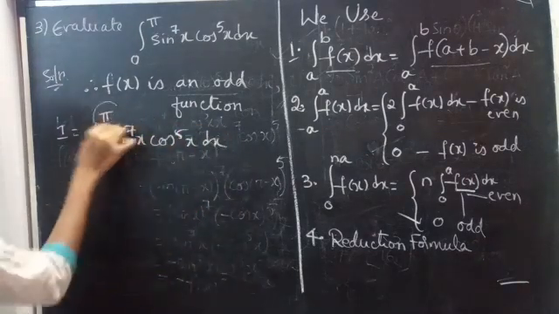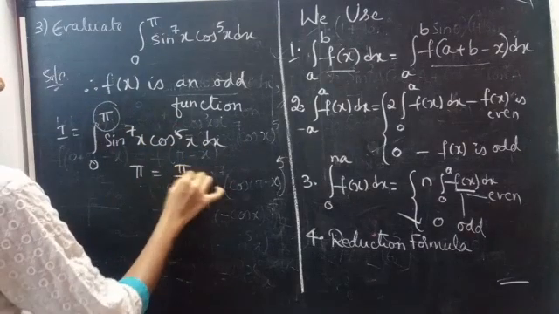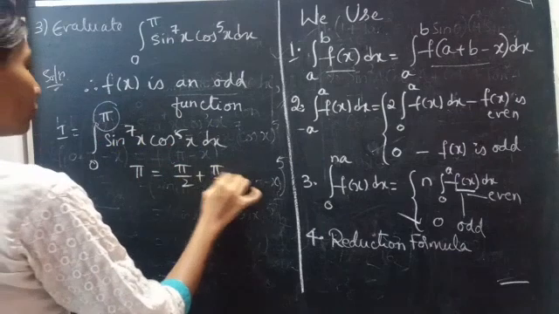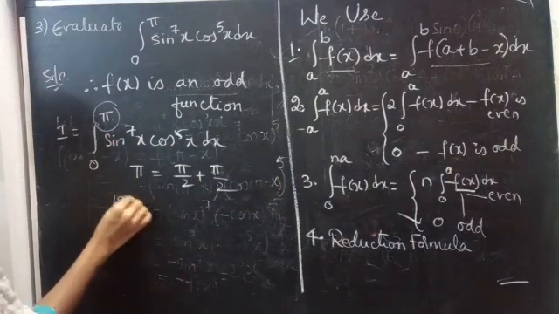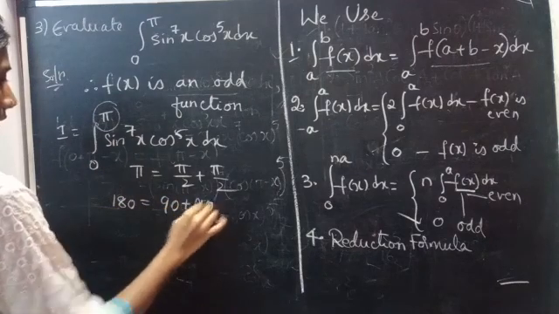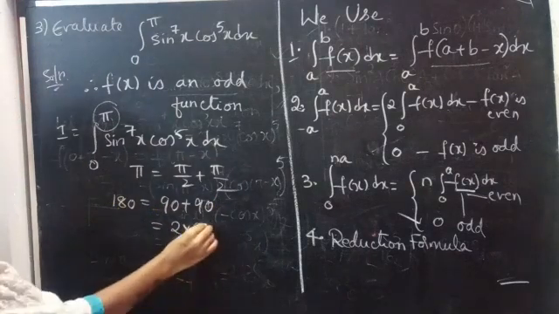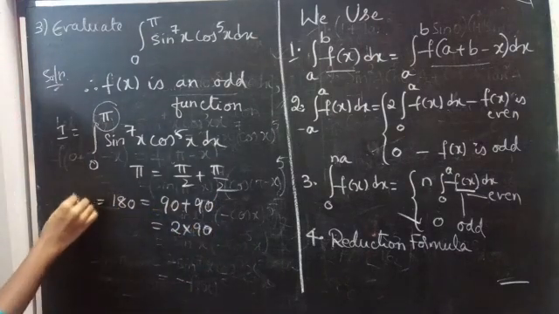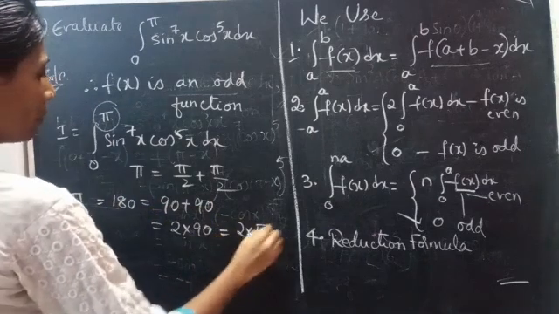Now we can change the upper limit pi as pi by 2 plus pi by 2, or else you can consider it in degrees. 180 degrees can be written as 90 plus 90, that is 2 times 90. If 180 degrees is pi, then here you'll get 2 into pi by 2.